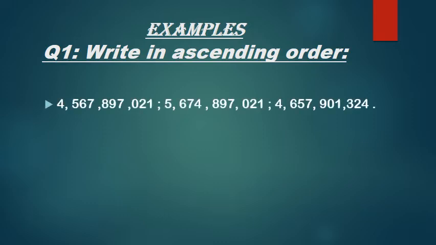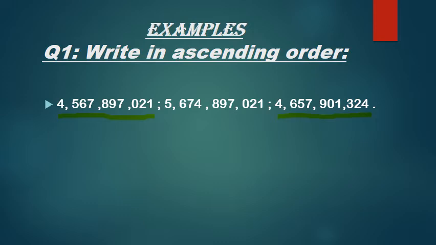Here is the first example. The first number is 4,567,897,021, which is less than 4,657,901,324. And then what do we do?